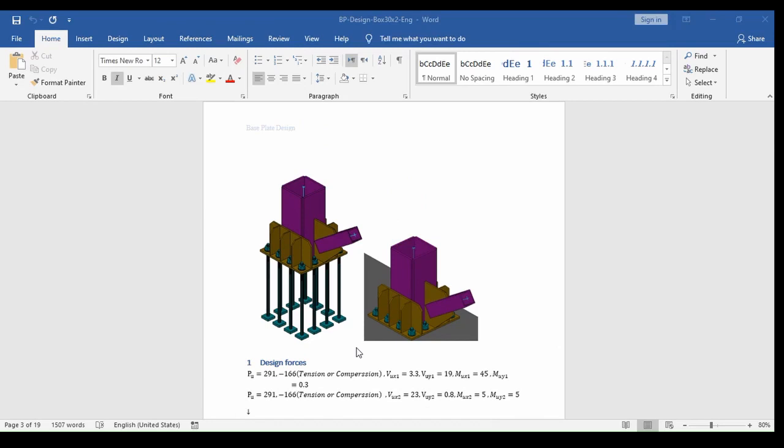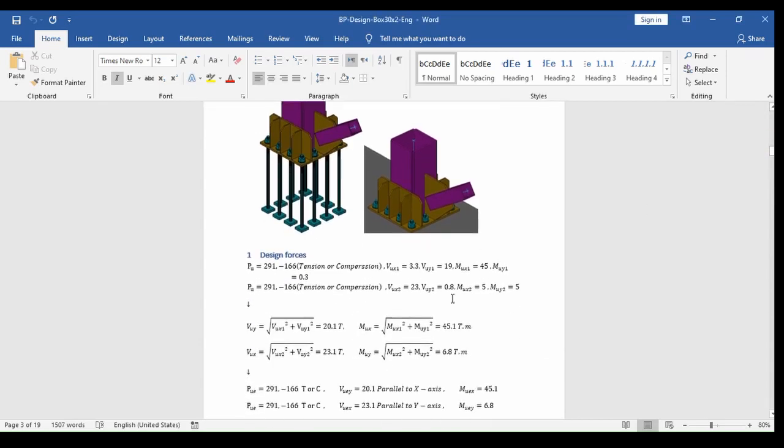In this part we calculate the root sum of squares of both shear forces and flexural moments in order to simplify the process, if you want to design your connection by using equilibrium equations and strain equilibrium equations.